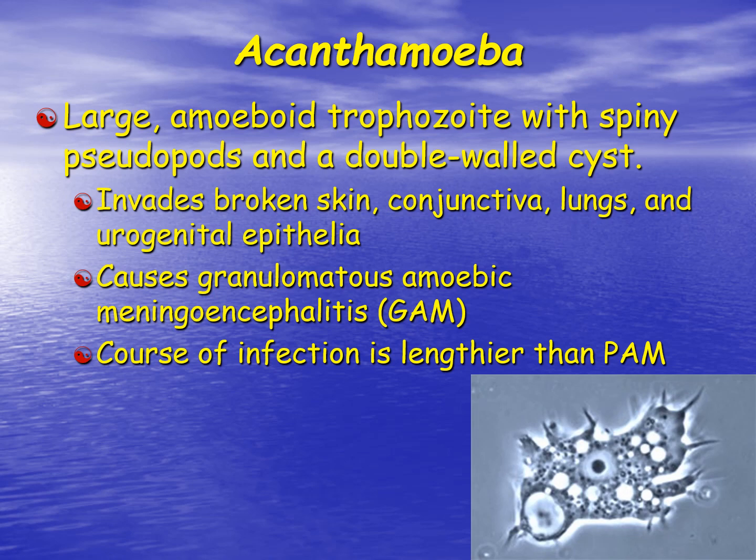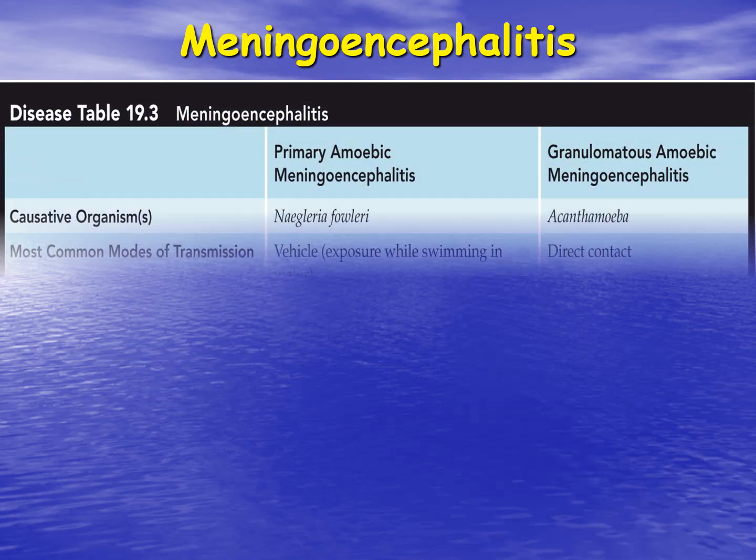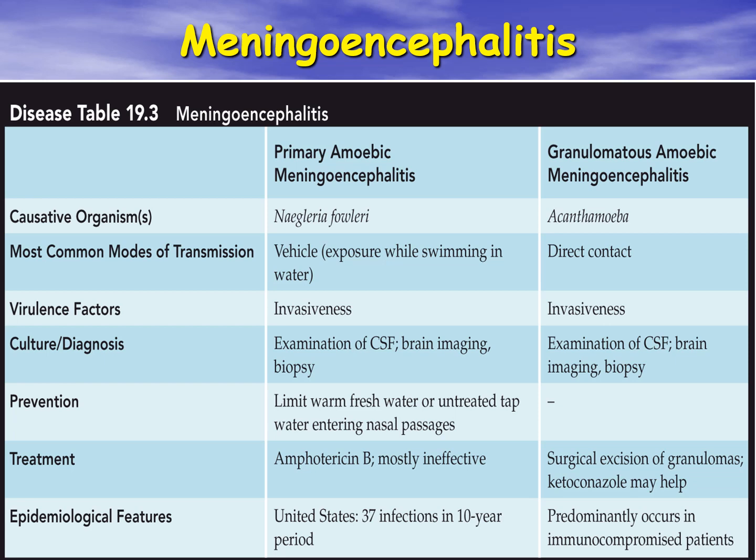The course of this infection is usually lengthier than with Naegleria, but again, survival rates are not good. Only about a 2 to 3% survival rate, and that is usually with brain damage. So in chapter 19, this just compares Naegleria fowleri with the Acanthamoeba.